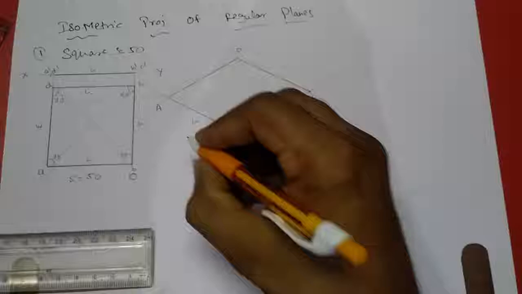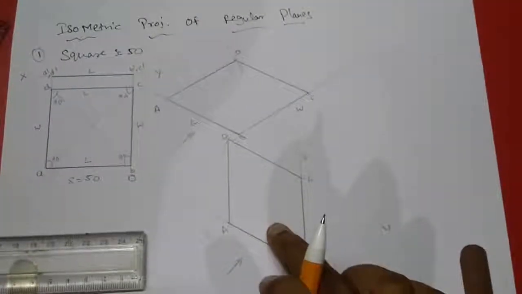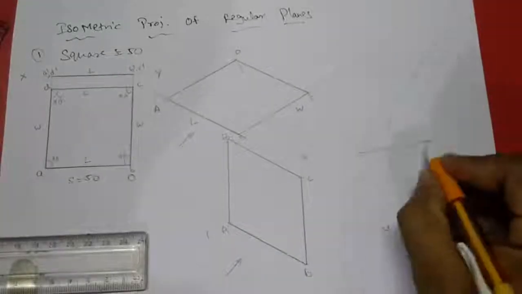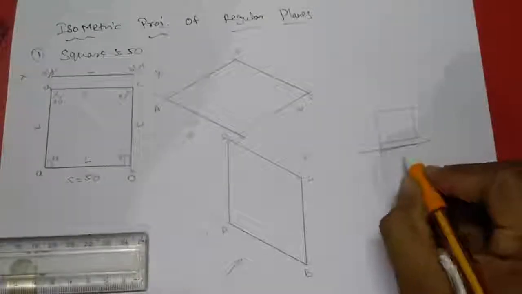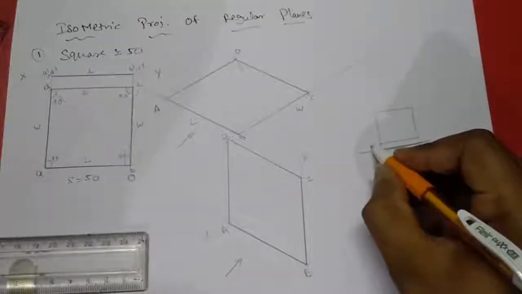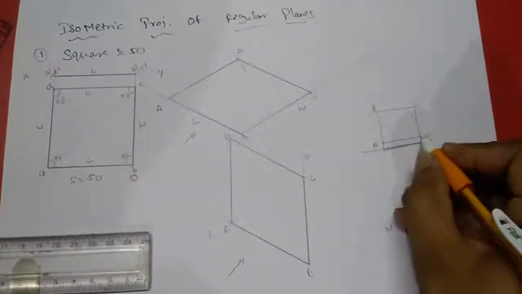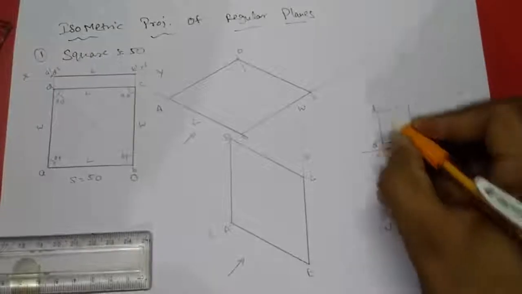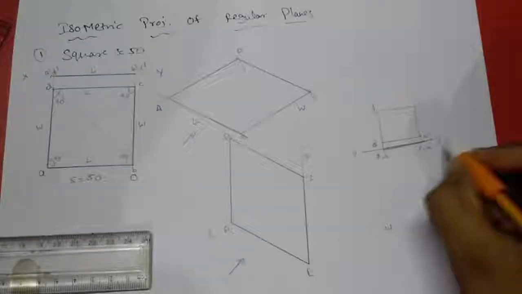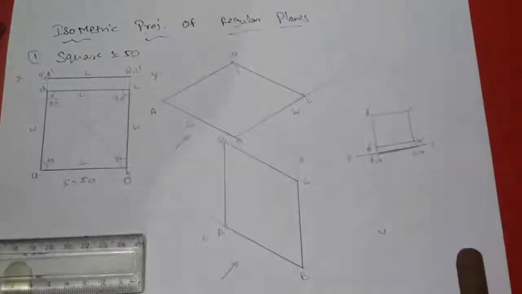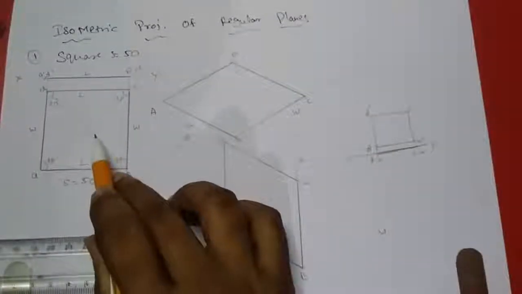So this comes as your front view. Means the projection of this would be like this: A dash, B dash, C dash, D dash, and falling to this projector, D comma A, C comma B. This would be the orthographic projection of this square in this position, and for the lying position, this would be the orthographic projection.